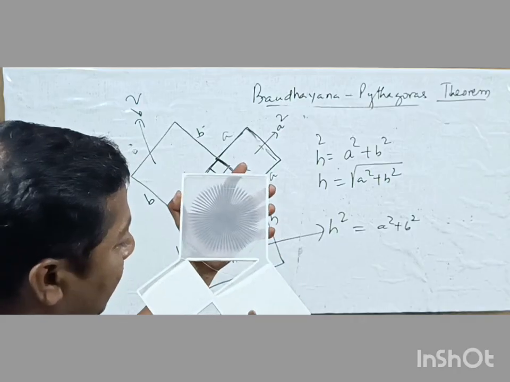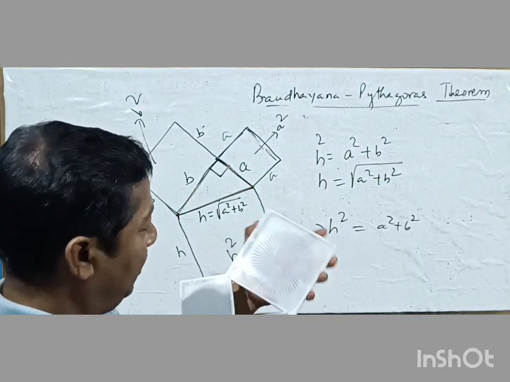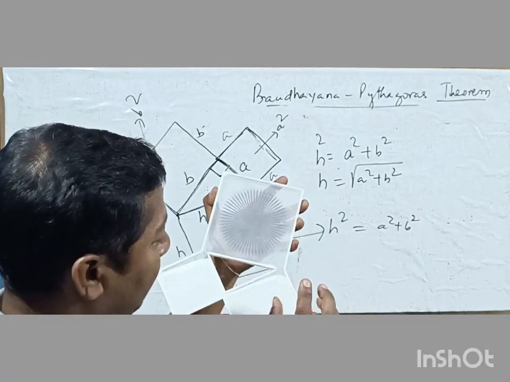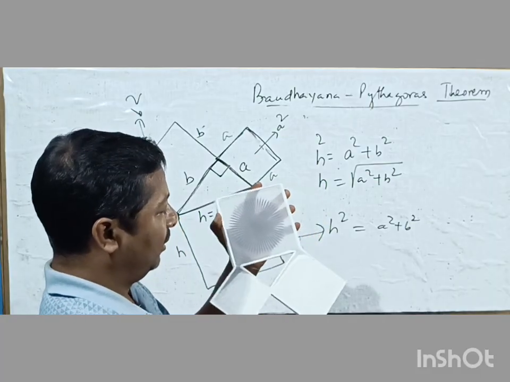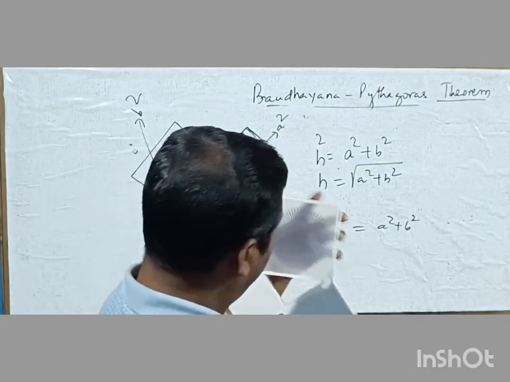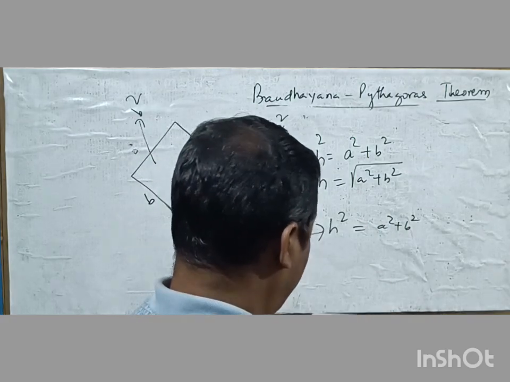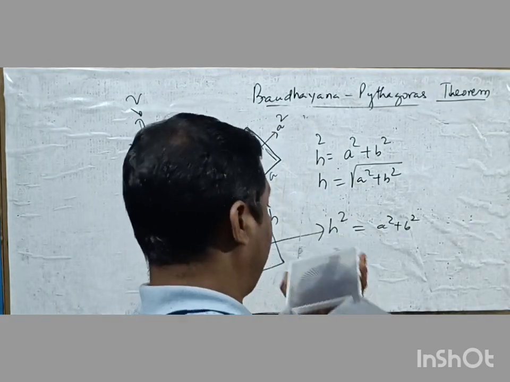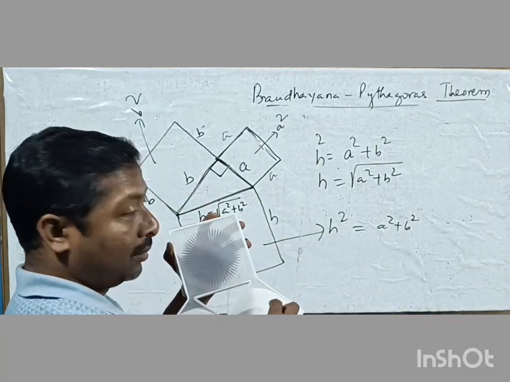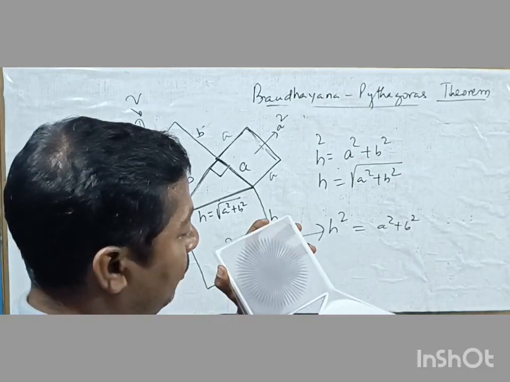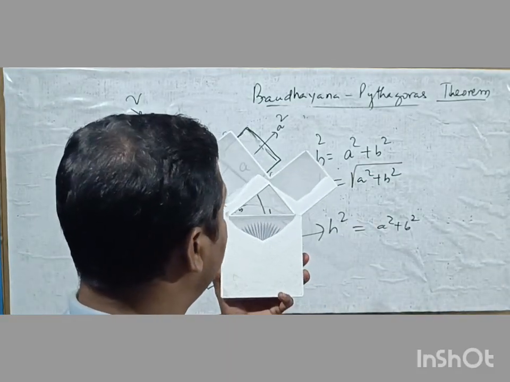Let us see another way: will the area of these two be equal to this or not? A very little amount of sand is already blanketed here, because this was not empty. So let's see if these two areas containing sand will be equal to this one. Again I am doing the same thing.